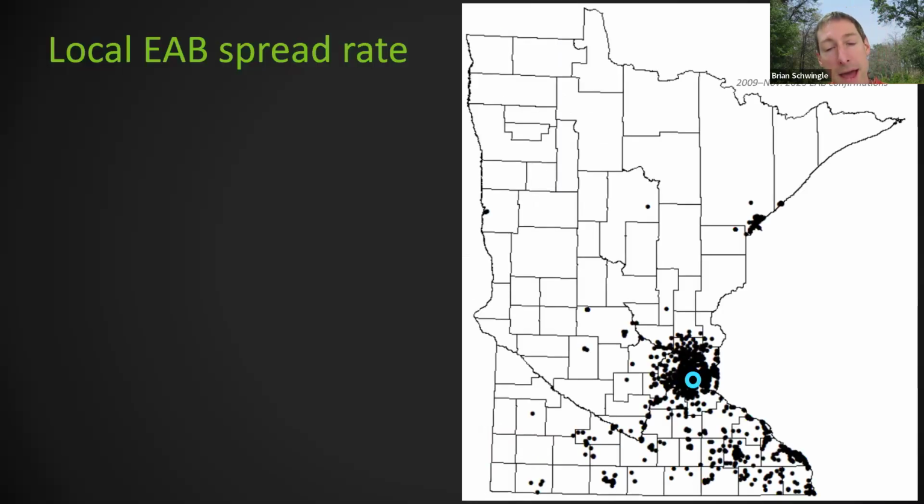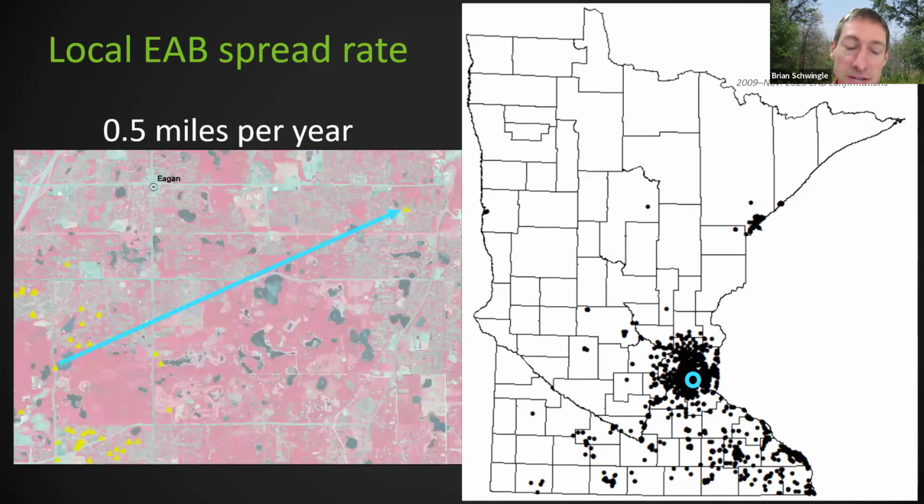But so this is an older map, by the way. The map looks really bad, and it's bad. But when you take a look at local spread, so this is actually Southeast Metro. You can see this is Egan right here. When you take a look at the initial detection in Egan and look at where it spread to and the years it took to get there, that's about a half mile per year spread.